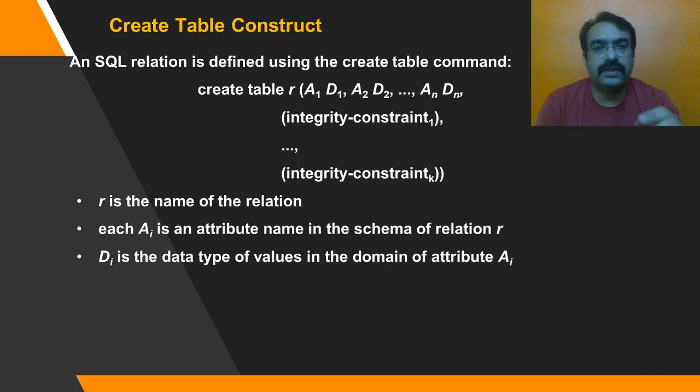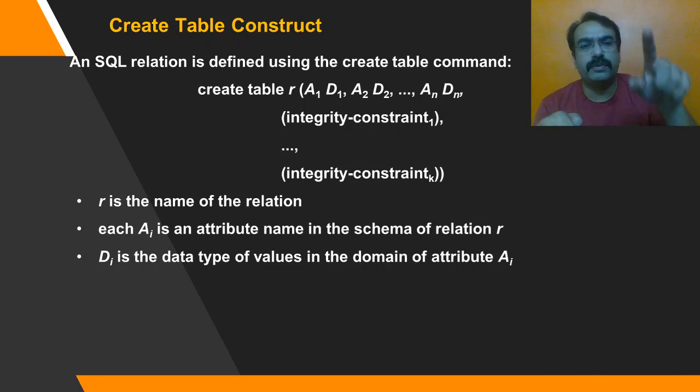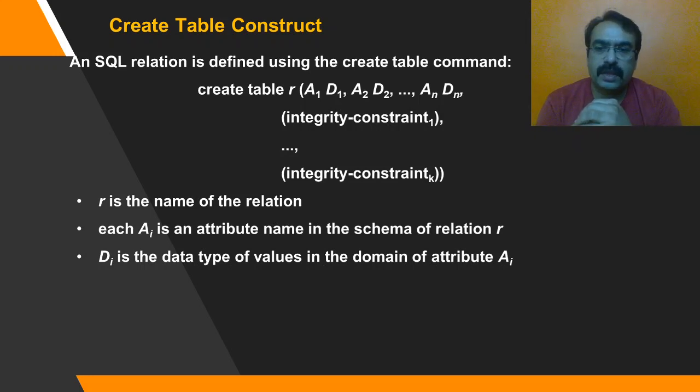A1, A2, A3 till An are the names of attributes which will be present in that relation. Attribute means the column names. And D1, D2, D3 till Dn are the respective domain types. So Di is the domain type of Ai. That is, A1 will have D1 domain type, A2 will have D2 domain type. So these are the terminologies which will be used.